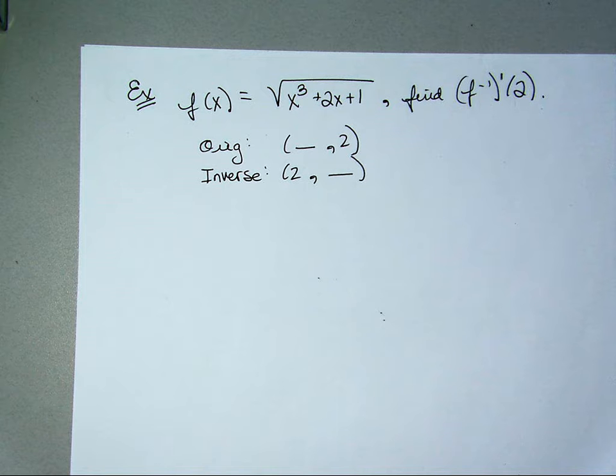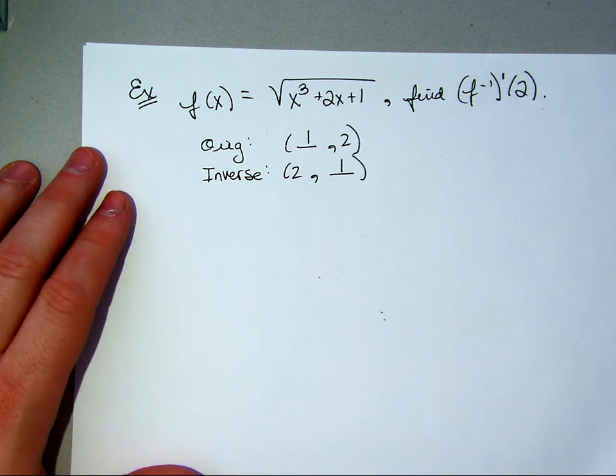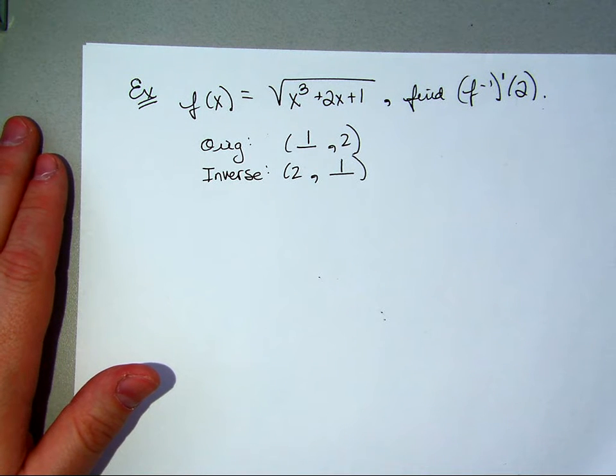And the missing coordinate is 1. I hope. Did you use the chain rule when you found the derivative? I really hope you did. You need the chain rule there.